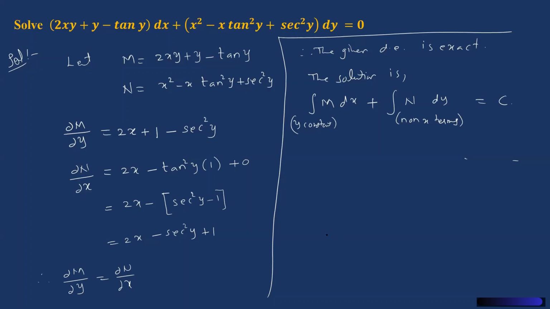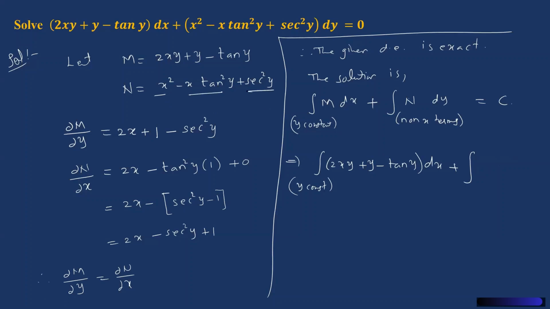Now from here, I'm substituting everything into this. What you get is the integration of 2xy plus y minus tan y, integrated with respect to x by treating y as a constant. Then plus, in the next term we need to consider only non-x terms in N. N actually has 3 terms.